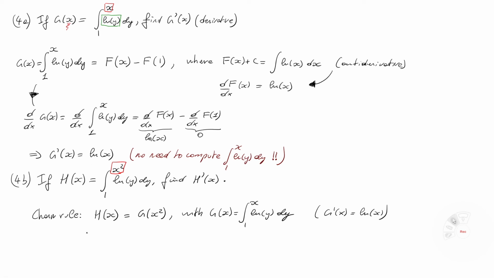And now the chain rule tells us that h prime of x is equal to g prime of x squared times d dx of the inner function, so x squared. And so g prime, that's the logarithm, so we get ln of x squared times the derivative of x squared, so that's times 2x.